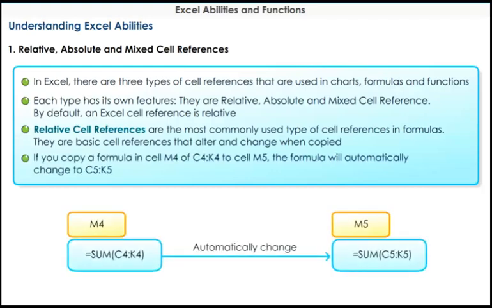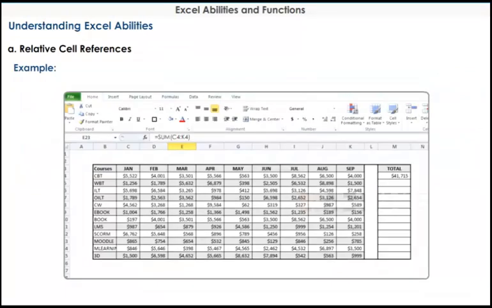If you copy a formula in cell M4 of =C4:K4 to cell M5, the formula will automatically change to =C5:K5. Relative cell references, example. In the given example image, cell M4 contains the formula for total value of CBT.